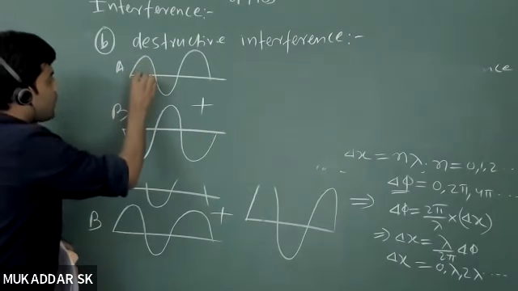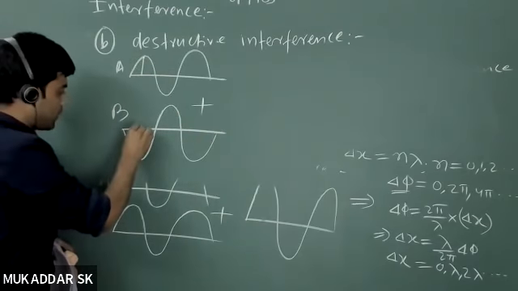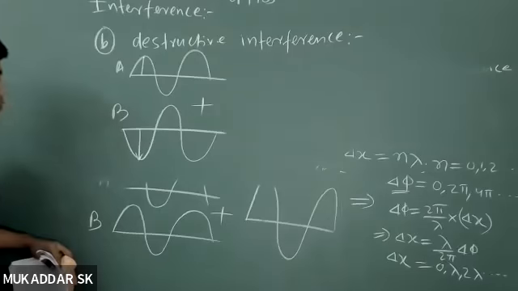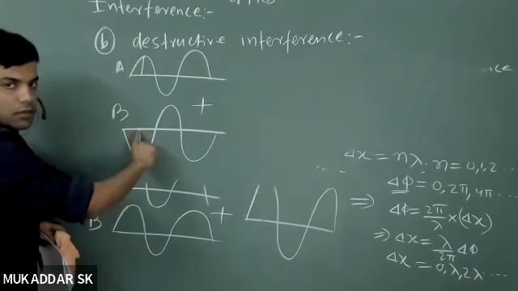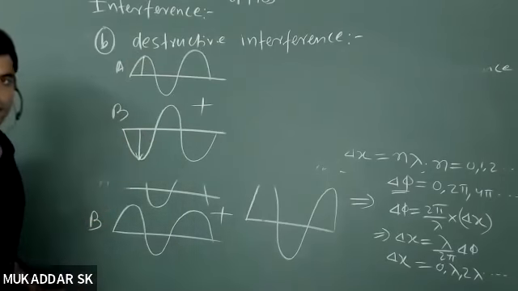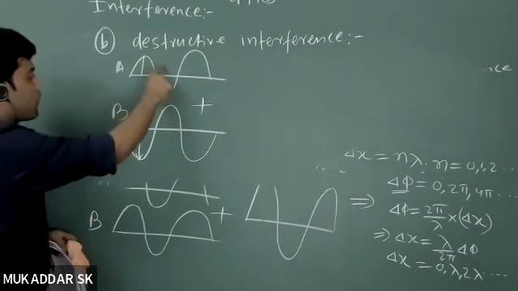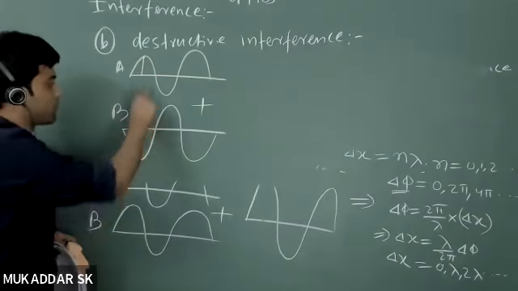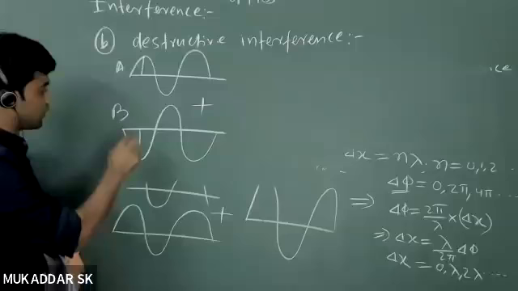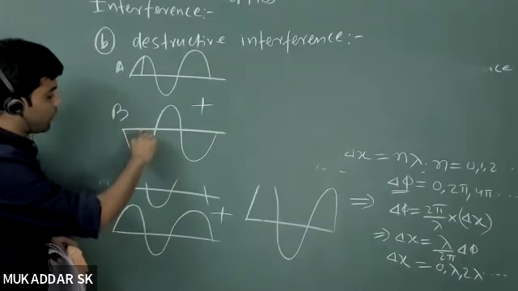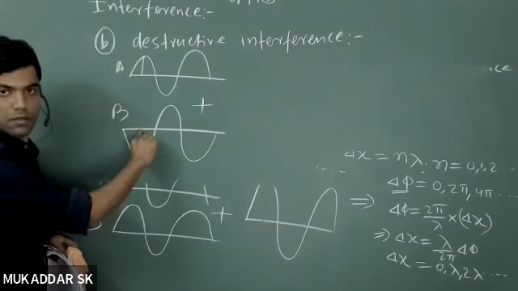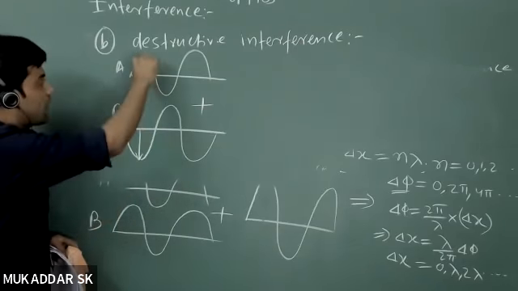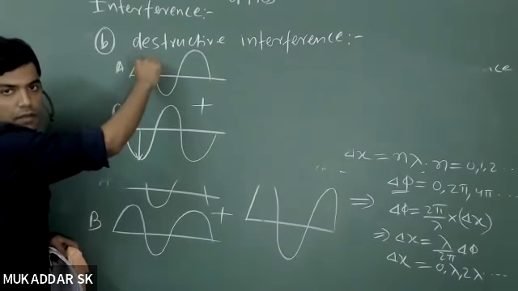You see, one is going upwards, at the same time the other is going downwards, right? So if you add them, what will happen? Suppose this is plus 1, so it will be minus 1. If you add them, they will cancel each other, right? Suppose these two waves have the same amplitude. For a particular point, for wave B the amplitude is -1, and at the same time this wave has amplitude +1.